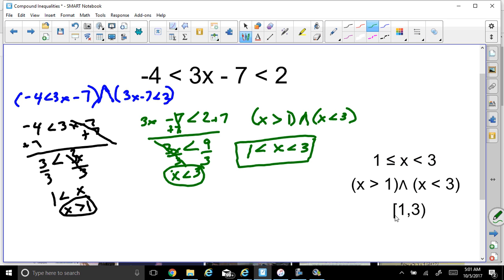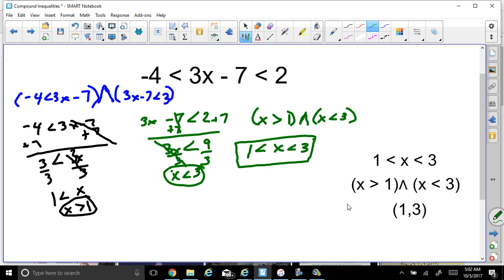So let's fix this also. It's not a bracket, so it's not equal to. I wanted to put equal to just to show you the bracket. So we're not including the 1. Our example was less than, so not including the 1. And let's also fix this one. That was less than. Okay.